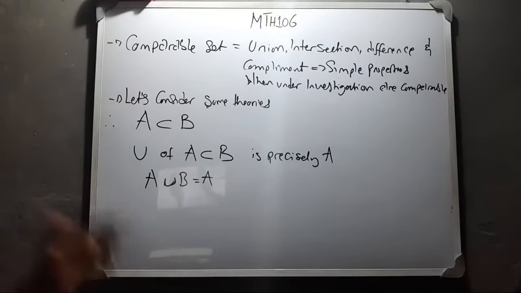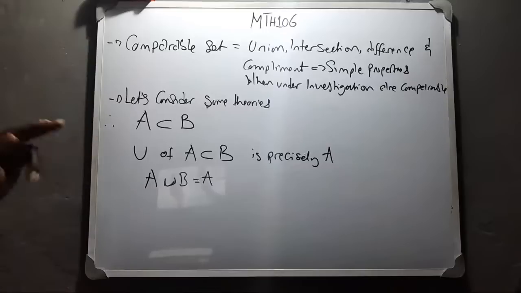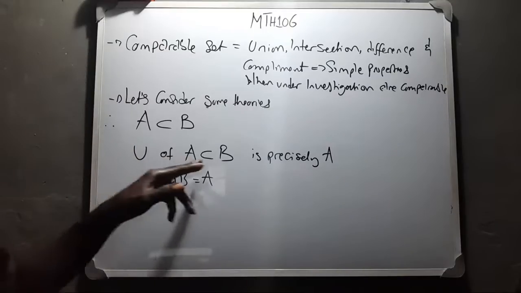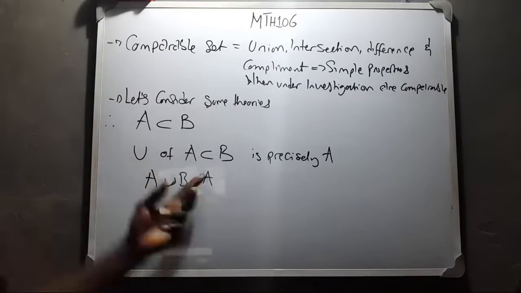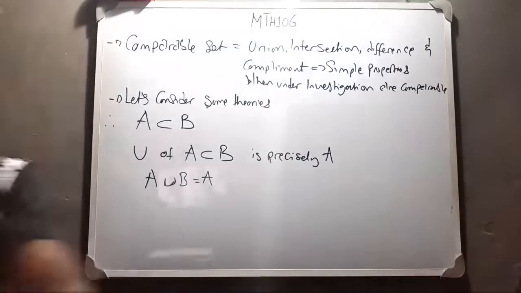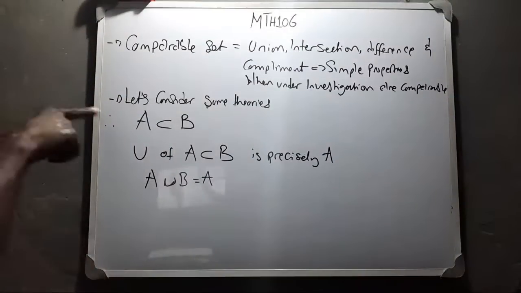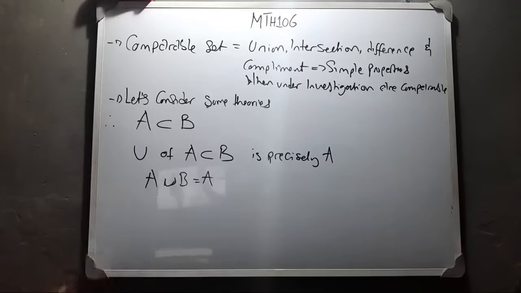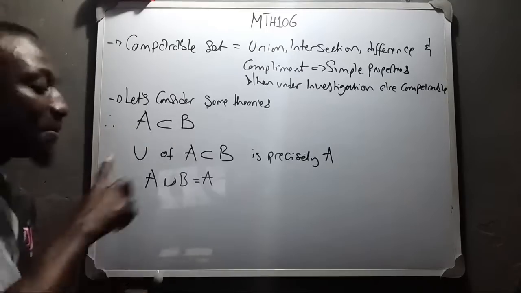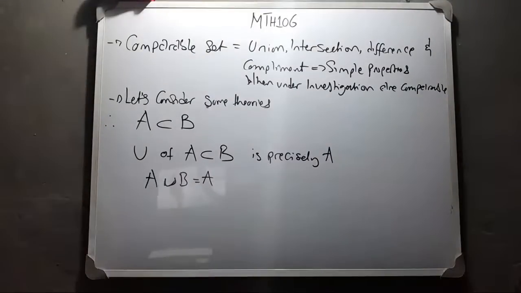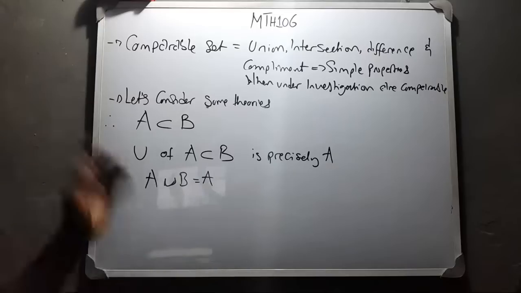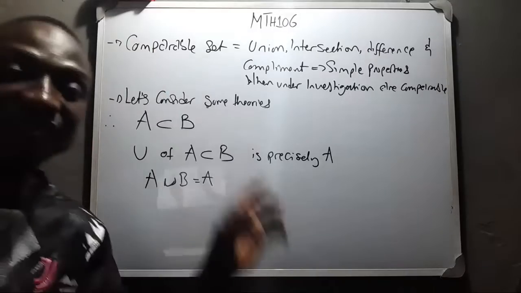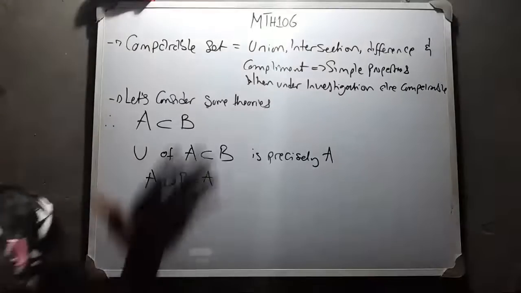Don't forget, when we say union, it is the combination of A and B that makes up the union, or better still, A and B can be found in the elements of the union.